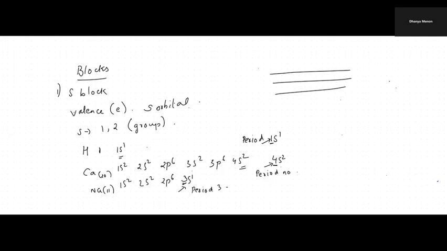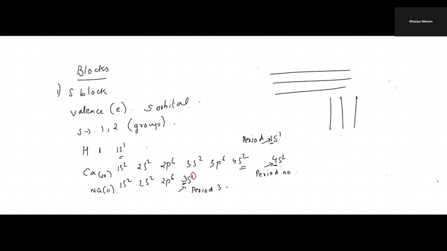And group number. The vertical columns are called groups. How to determine the group number? Group number is determined by the number of electrons in the valence shell. For example, sodium. How many electrons are there in the valence shell? 1. So sodium belongs to group 1.